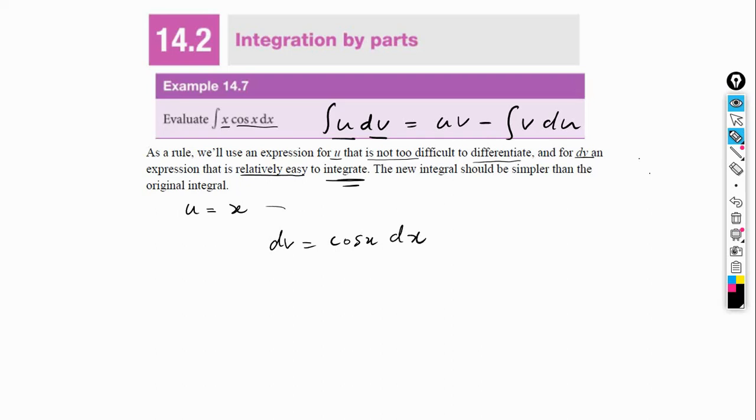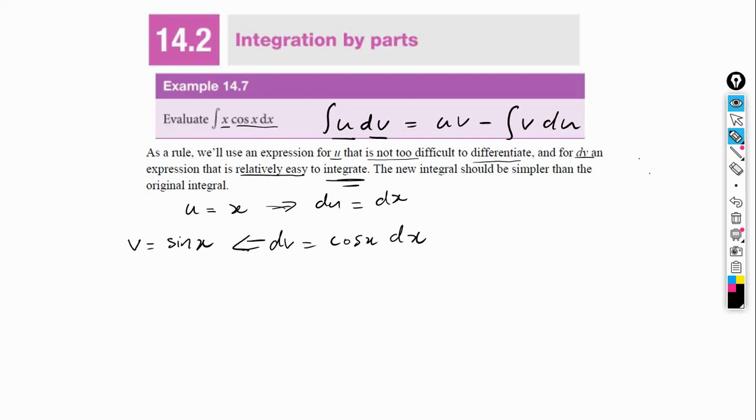Since u is equal to x, that implies that the derivative of u would be dx. And then we need to find v, which would be the integration of cosine of x dx. But that's easy because we know that v is equal to sine of x.